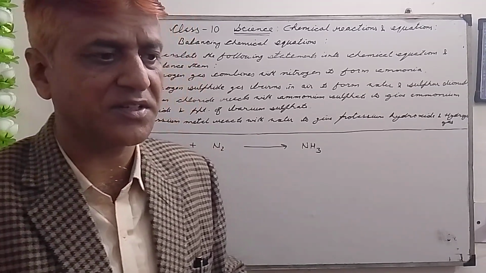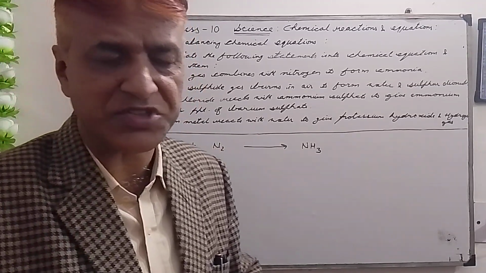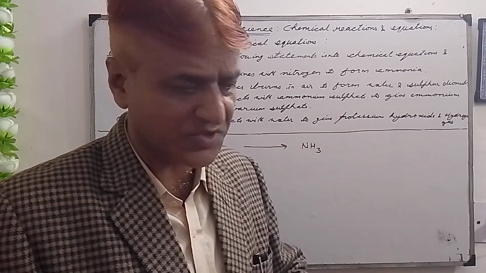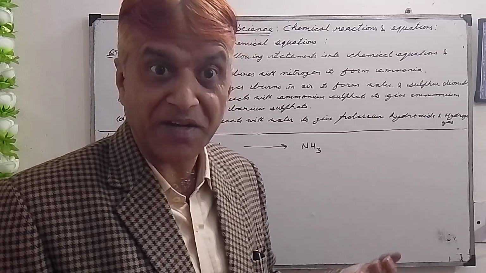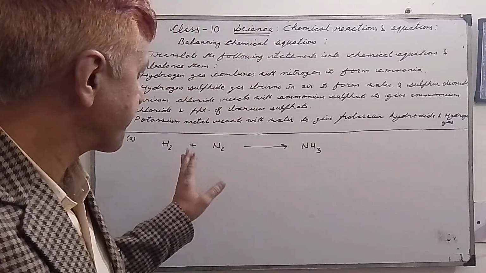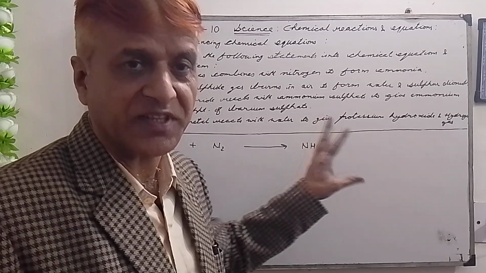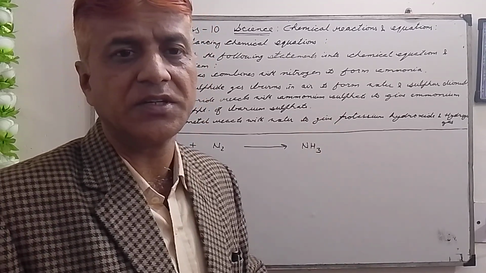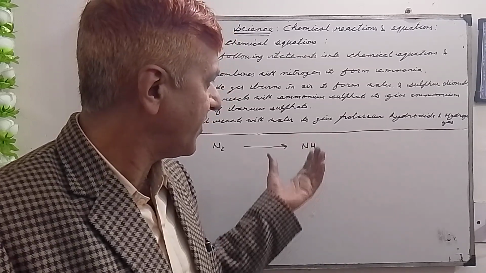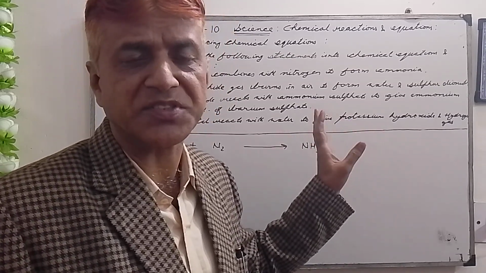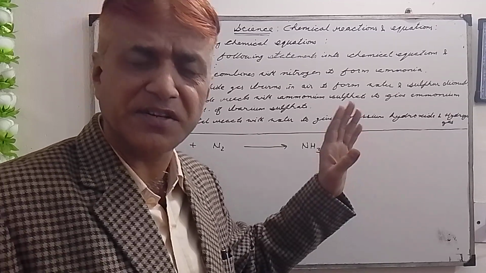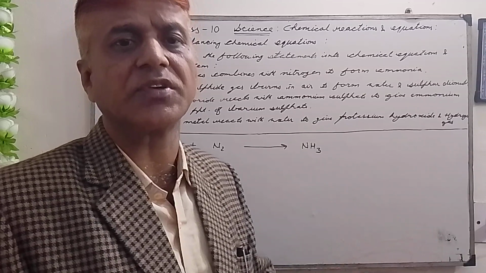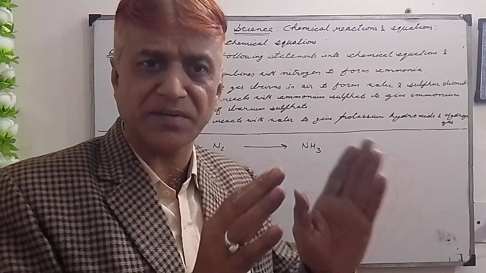There are hit and trial and trial and error methods. We use these methods, and it is only practice through which you come to balance chemical equations. So practice balancing hundreds of equations and you will certainly come to balance any equation. My dear students, this is the mantra.